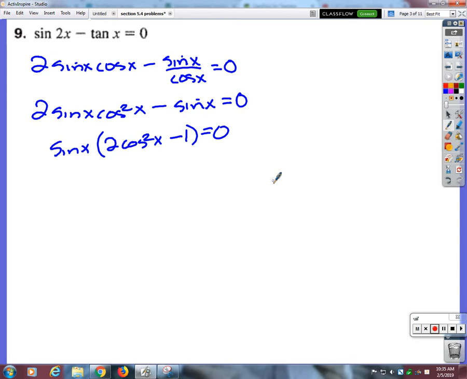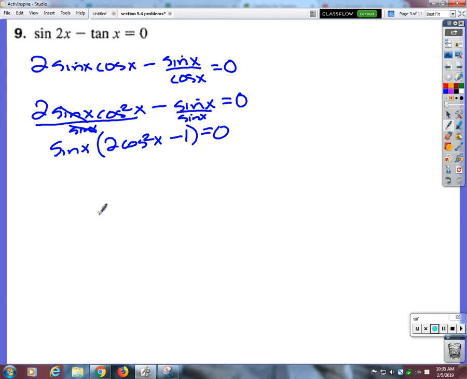Nope, it's minus 1 because if I am factoring, what I'm doing is dividing everything by sine of x. So if I divide this by sine of x, those cancel and leave me with 2 cosine squared. If I divide this by sine of x, sine x divided by sine of x is 1. I need this to be so that if I distribute this sine of x, I get back where I started again. And if this 1 isn't here, that's not going to happen. Okay?